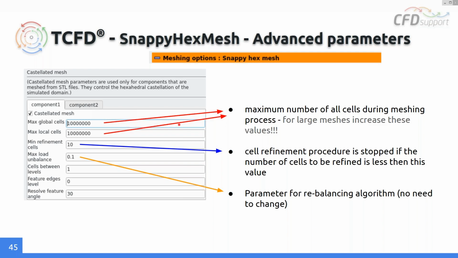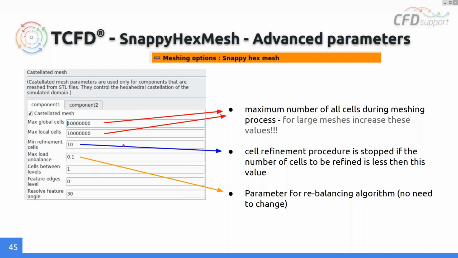I think it's from the historical point of view, when memory was not in gigabytes or tens of gigabytes, and it was meant to keep the amount of cells within the given values and not to exhaust the computer.